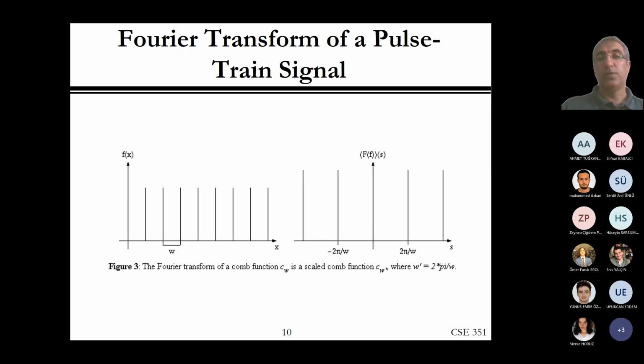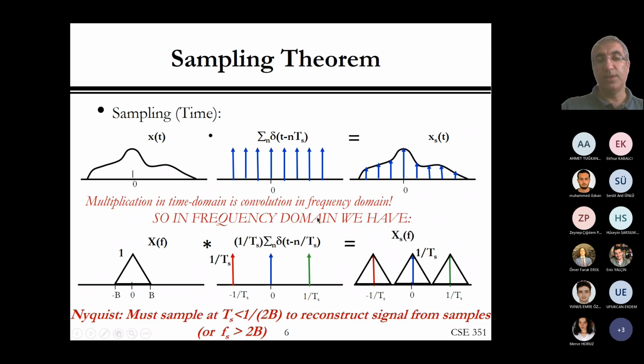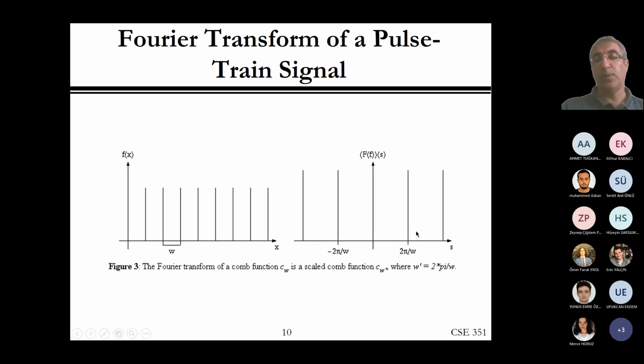So the Fourier transform of a pulse train, remember from here, this is the pulse train, also is a pulse train in the frequency domain. So let's say the separation between pulses is W. When you apply the Fourier transform, the separation between two pulses is going to be 2 pi over W. So that's the relationship between pulse train in frequency domain as well as in the time domain.